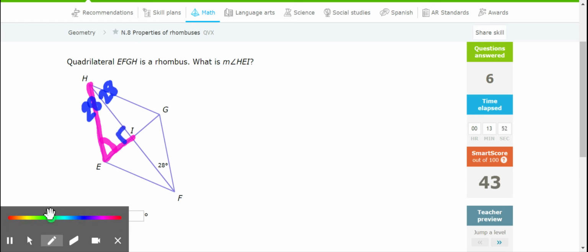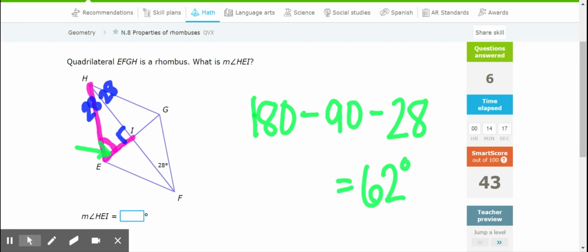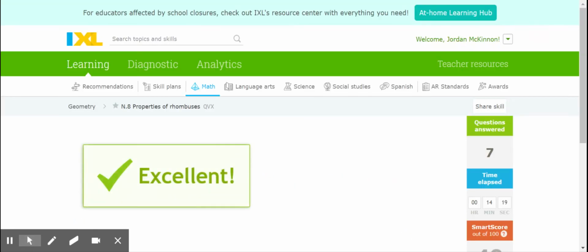So to find this little piece that's left over, I just have to subtract those two angles from 180. So 180 minus that 90-degree angle minus 28 is going to be 62 degrees. So that means that little part that I have the green arrow pointing towards, that's what I'm trying to find. That's going to be 62 degrees.